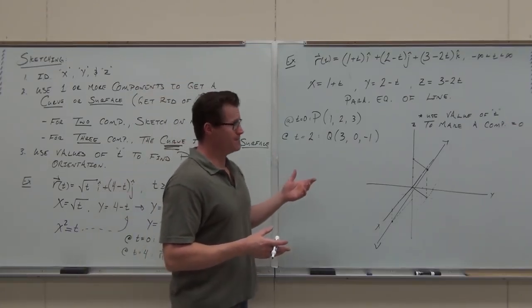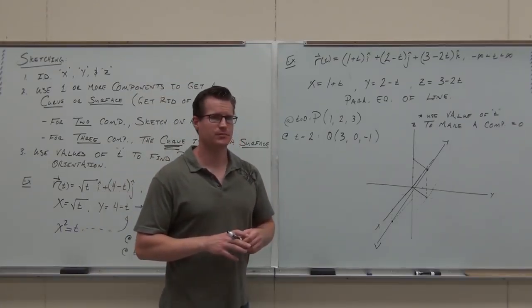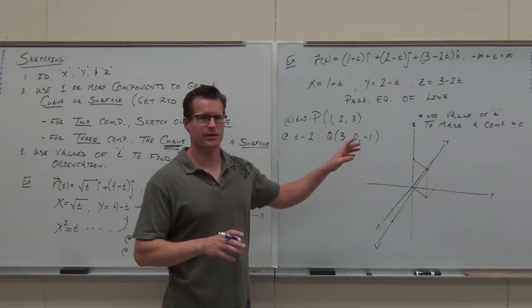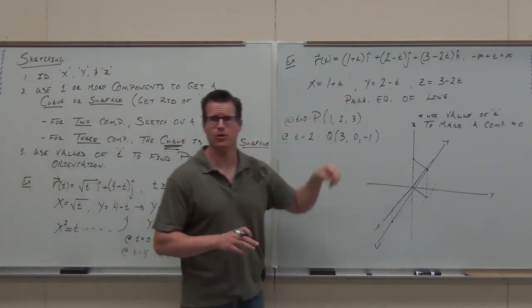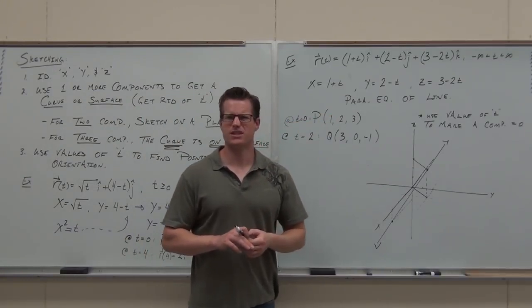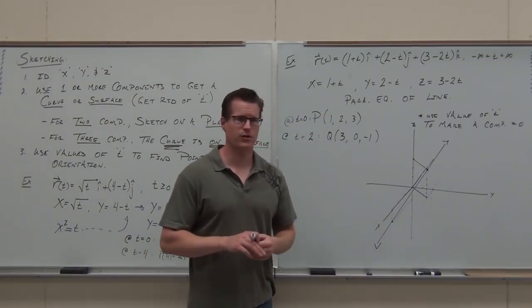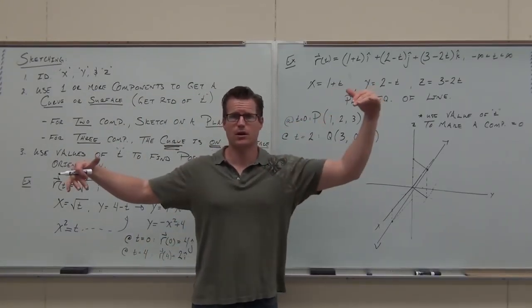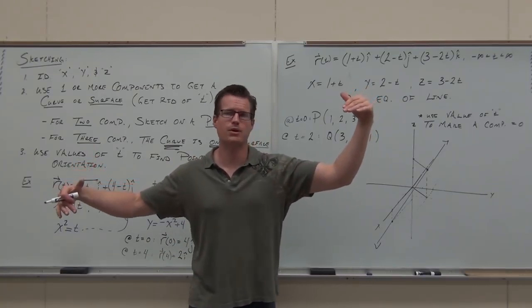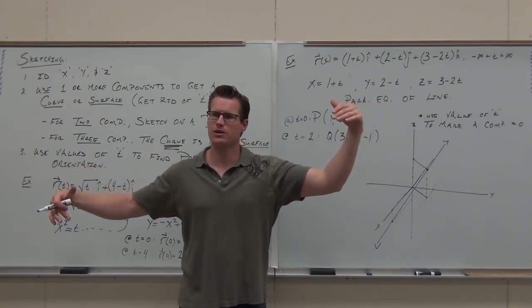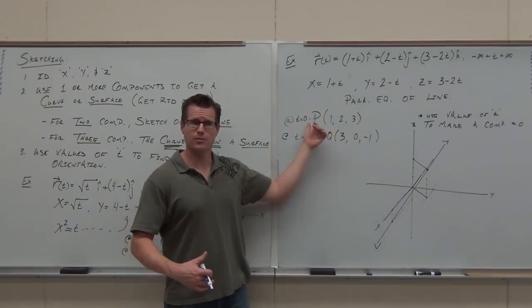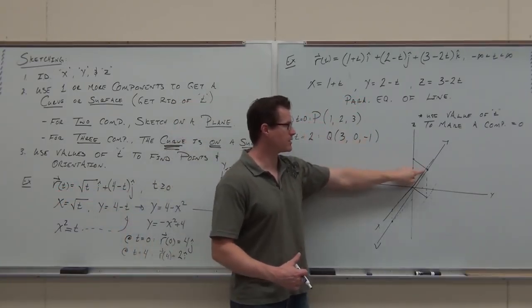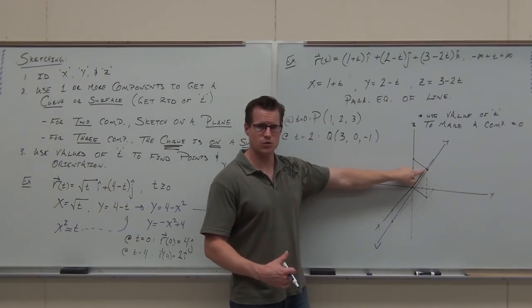Now, the orientation. Think hard about it: does this have an initial point like this one did? What's the domain of T? It goes forever, because it's a line, right? It goes forever. So it doesn't start anywhere, it doesn't stop anywhere, but it definitely has a direction. That's why we choose some good points and we put them in order. So we plugged in 0, yeah, that's this point. We plugged in 2.